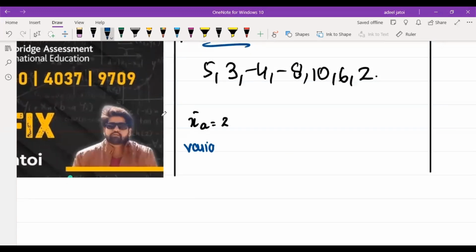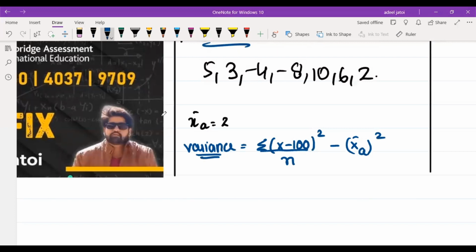Your variance of this data will be the sum of (x minus 100) whole squared, that means each number squared, upon n, minus the assumed mean squared.